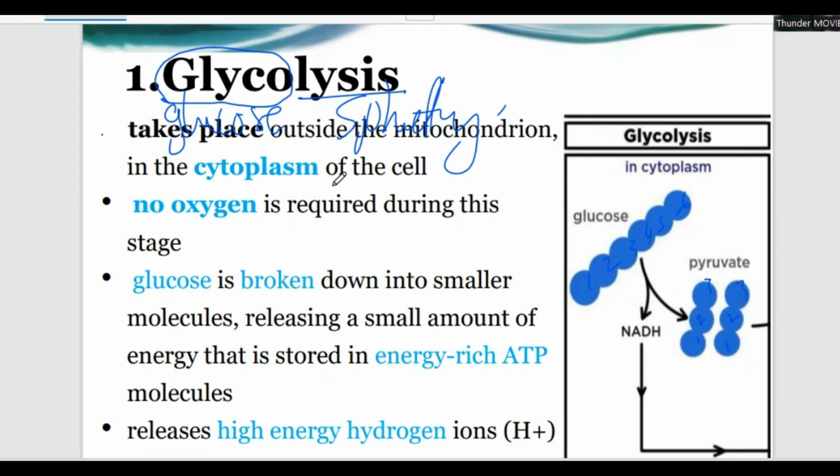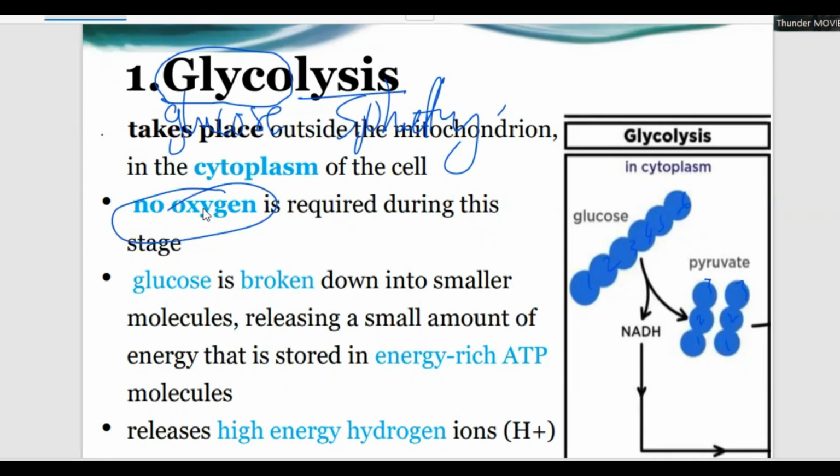You have to take note that this process occurs in the absence of oxygen. Oxygen is not required during this process. This links us to anaerobic respiration, which takes place in the absence of oxygen. It cannot undergo the other steps of the Krebs cycle and oxidative phosphorylation, because those 2 phases require oxygen.